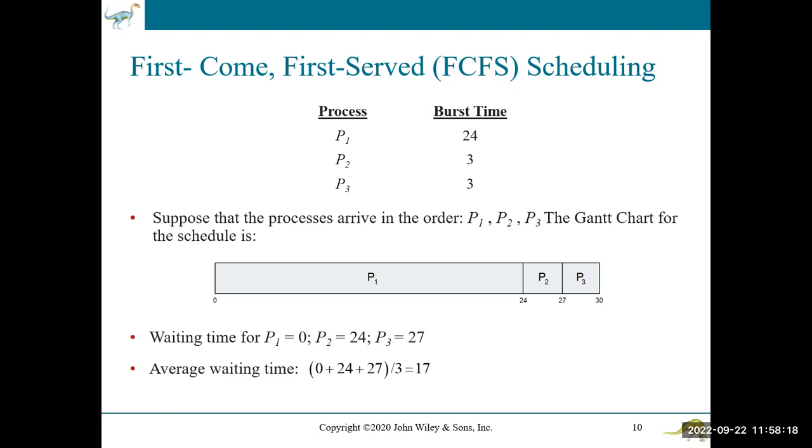So a Gantt chart is a simple graphical representation of process and duration. So you'll notice here, process 1 occurs over 24 intervals.